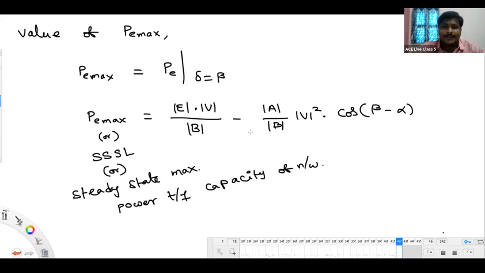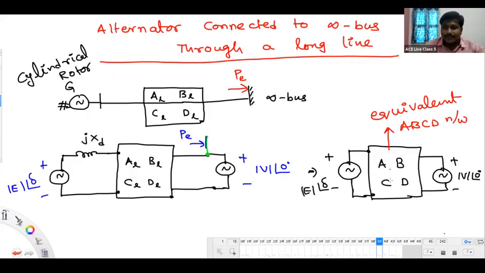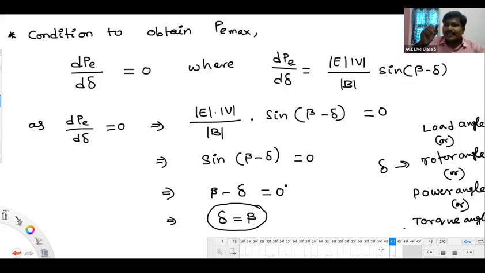One simplification is that in the network you have considered here, the shunt element is neglected. Generally, for a practical transmission line, we have a natural shunt capacitance effect, right?